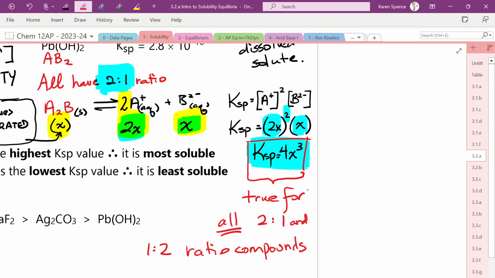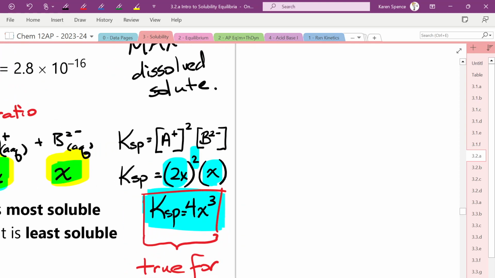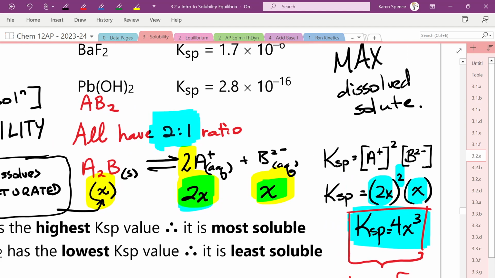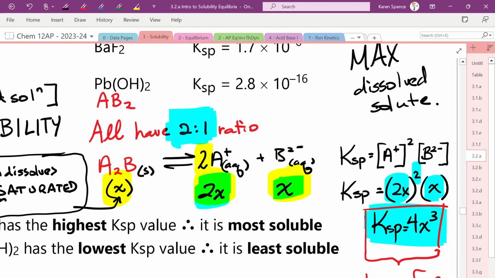Now I'm going to let you know, if you are doing a multiple choice question and you are given the KSP and you need to solve for the solubility, and remember what is representing solubility here? X. If you are given KSP and you need to solve for X, the solubility, you can just use that formula. Okay? If you are given a written response question, you should be writing the, what do we call this formula here?